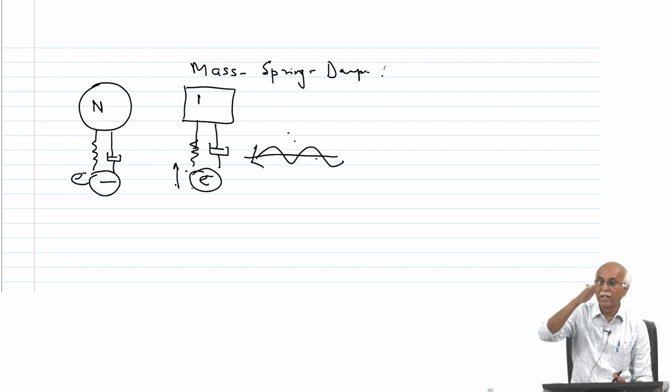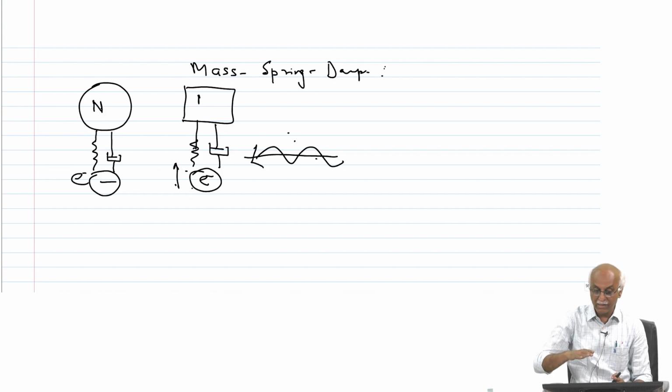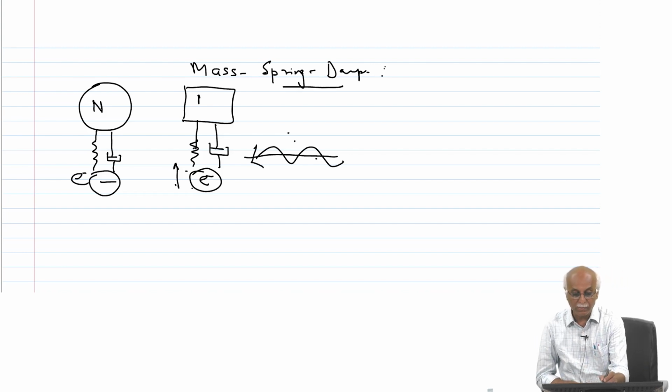If we use this mass spring damper approach in a very simplified way, we will be able to derive the resonating frequency corresponding to the spring and the coefficient of damper.